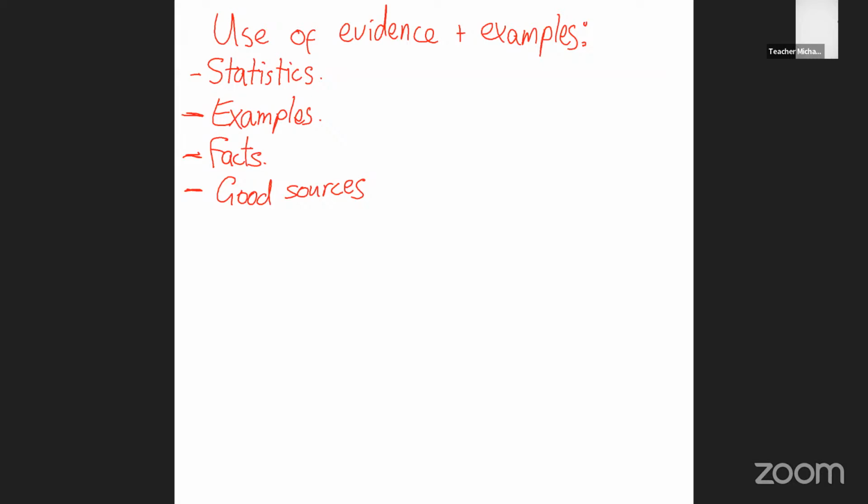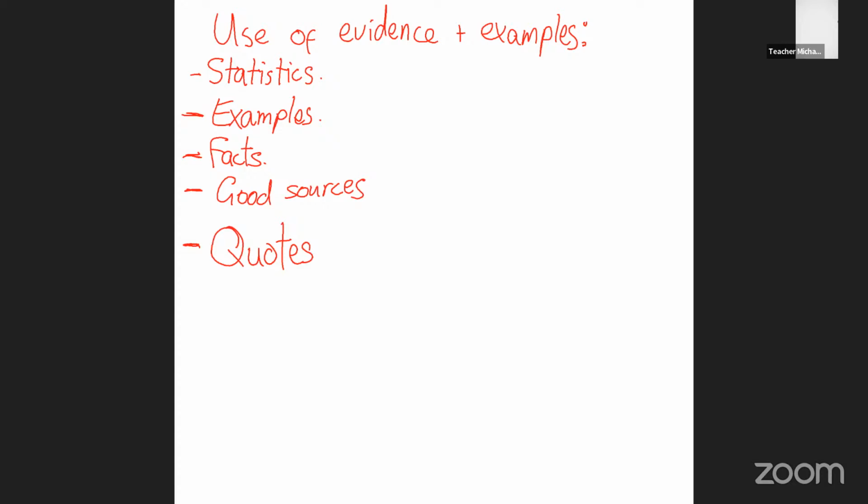So if people say something, for example, if somebody on the news says something that's been recorded or somebody's written it down and we can prove that they've said it, it's called a quote.